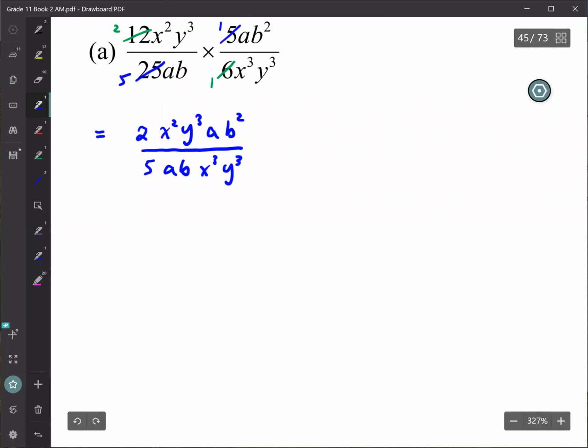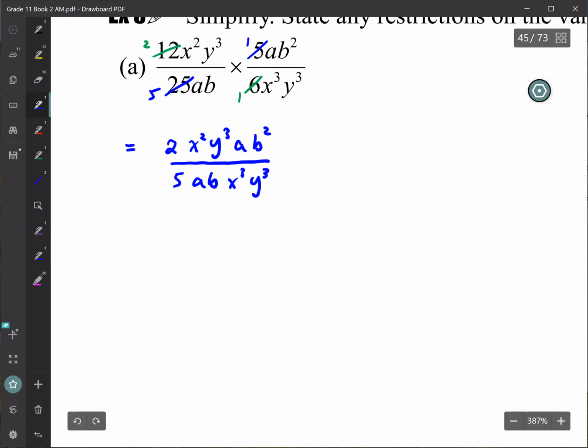So now they are all lined up, and it's easier to reduce. The a cancels out all the a at the top. For b, it cancels one of the b at the top, so no more square. And then x squared will cancel 2 of them at the bottom, so you get 1 extra x at the bottom. Y cubed is completely gone.